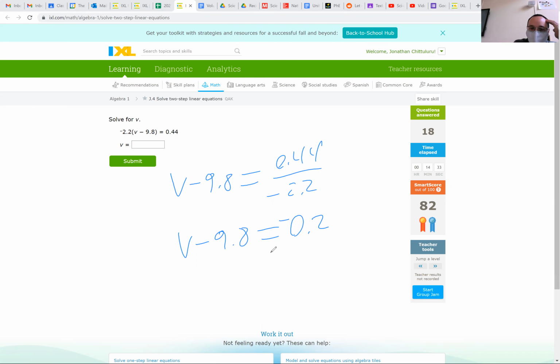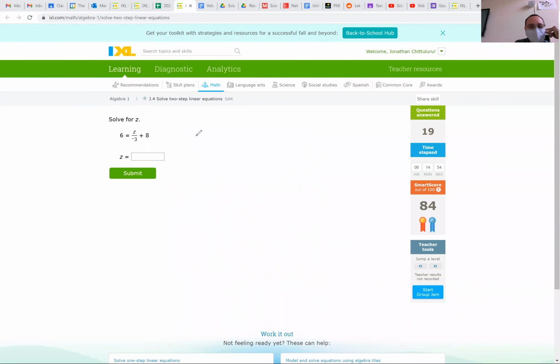And then we're going to add 9.8 to both sides. So we're going to get V equals 9.6. Okay, so let's see if that works. I hope I handled my decimals correctly in this case. 9.6. Good. Okay. Great. So let's go ahead and clear out all of this.